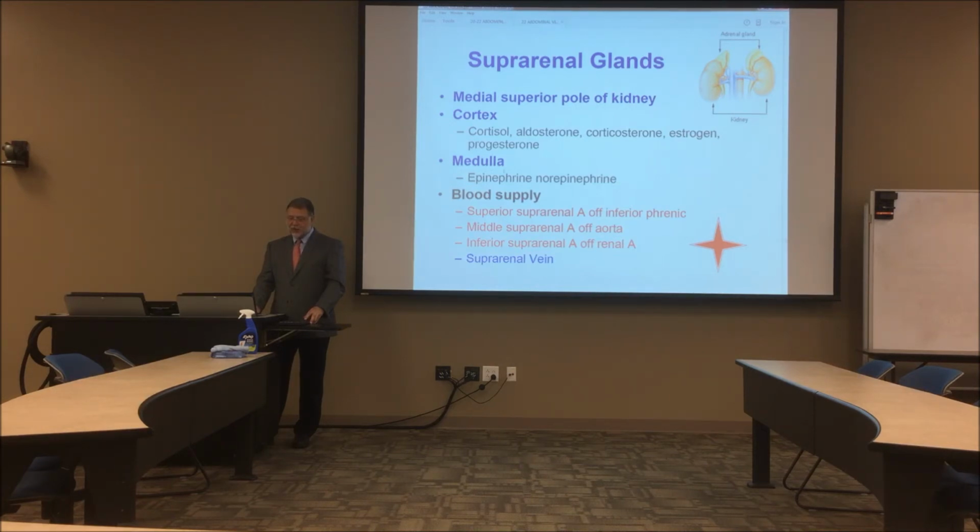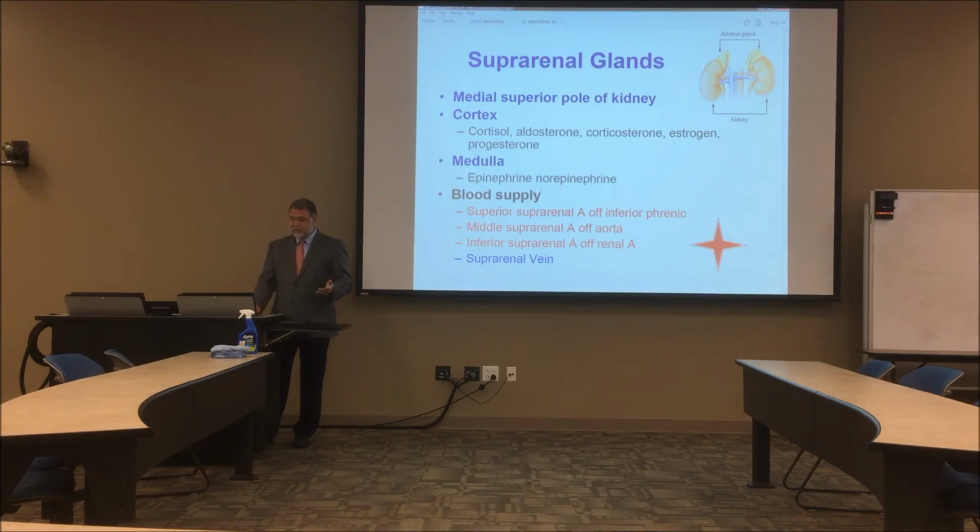The medullary region is for epinephrine and norepinephrine, and this has to do with stress and control of your blood pressure. So these are glands that are located on each one of the kidneys. Their division is a cortex and a medullary area, and this is important for you to remember, because when you go into pathology, this is something that you're going to be looking at.